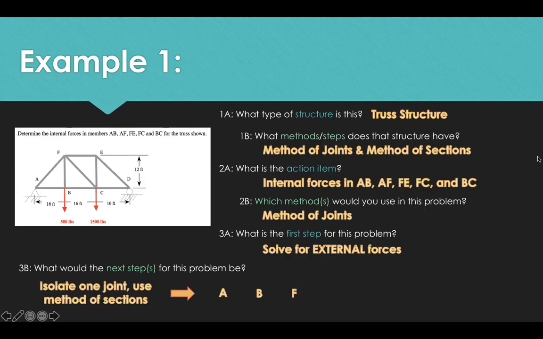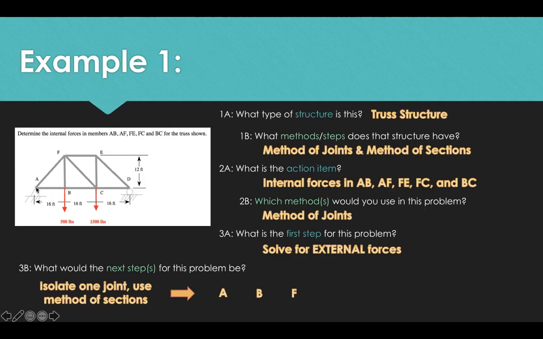Any questions about this one and how this mindset helps? Could you first do a method of joints at A and then do a method of sections, cutting through FE, FC, and FB, or is that too much work? That's a lot of work. I don't really know how that would benefit you. I think that's sort of what my group did on the project.